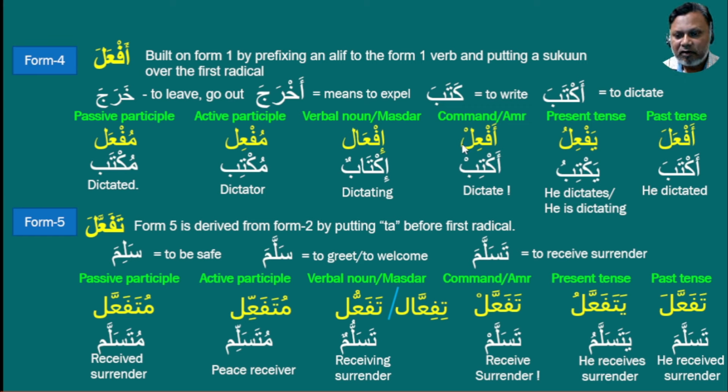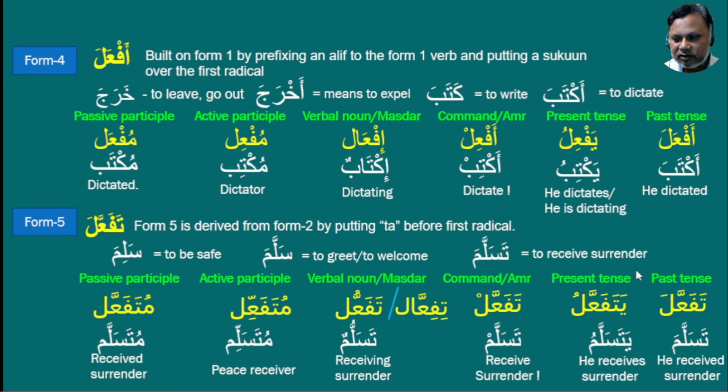I am not giving all the conjugations for this new verb. We should actually learn all the conjugations for any new verb, but I am giving only these 6 conjugations, because these 6 are very important for us.